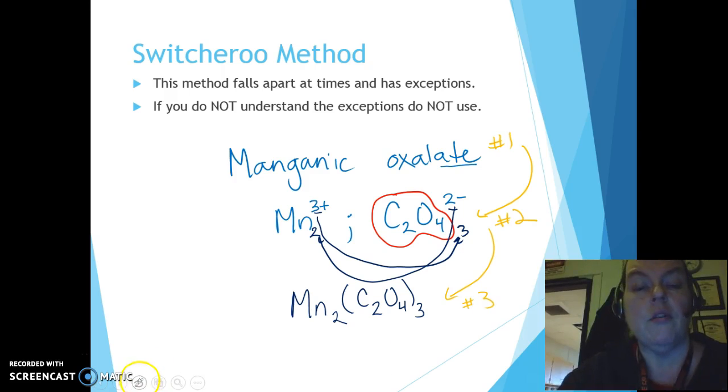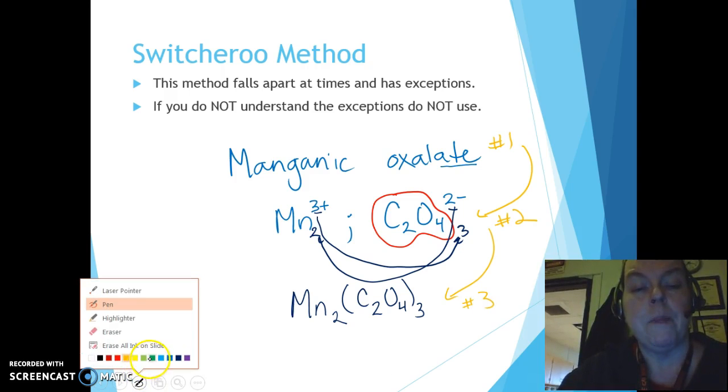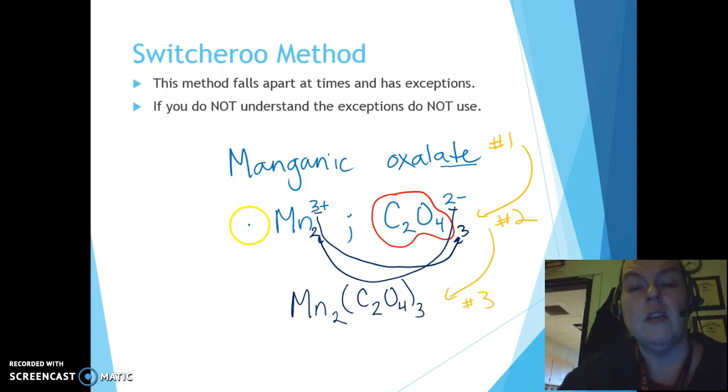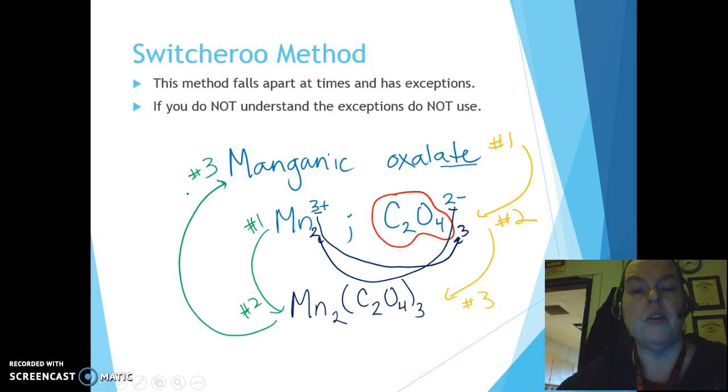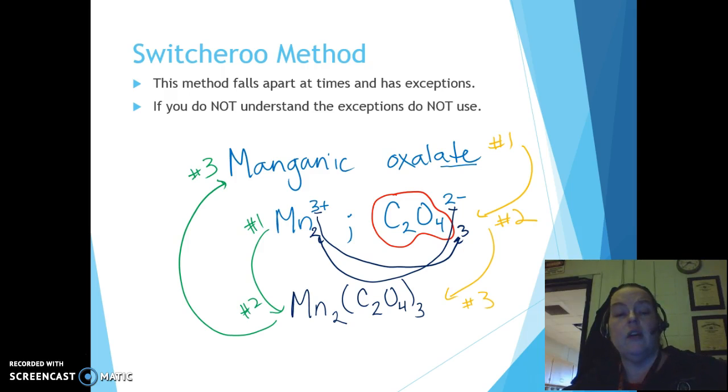And if you'll recall the last time we did this, or when we were looking at it before, this is where we started. This was our number 1 step. We would then go down here to the formula to number 2, and then from there we would go back up to the name. So we're reverse engineering a bit. We're just reordering and trying to restructure. So hopefully you're going to be doing okay here. If you need any extra help, please feel free to see me.